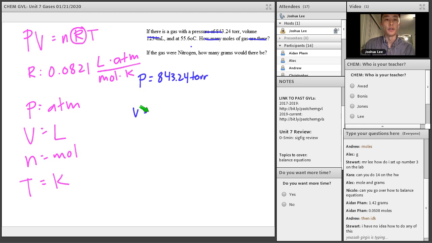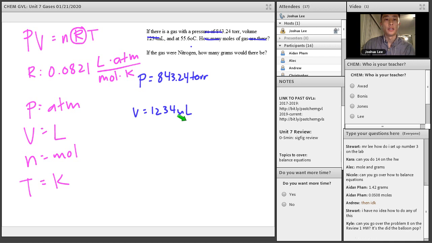We're given a volume of 1234 milliliters. And we're given a temperature of 55.6. And I want to know number of moles. So this is, hey, look, I see a P, V, T, I'm looking for n. Perfect. Ideal gas law.